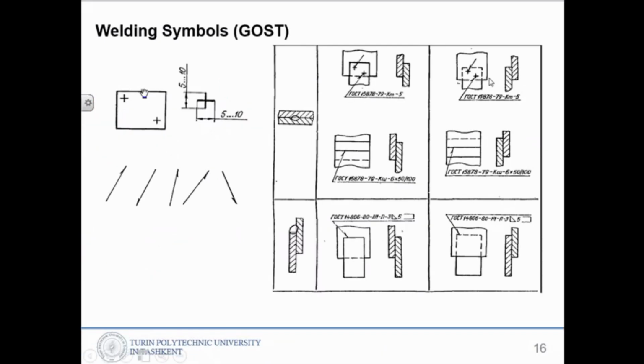In GOST it is also similar. The meaning is the same, the same principles, same characteristics, same terminology, but there are minor differences between ISO and the American standard ANSI.